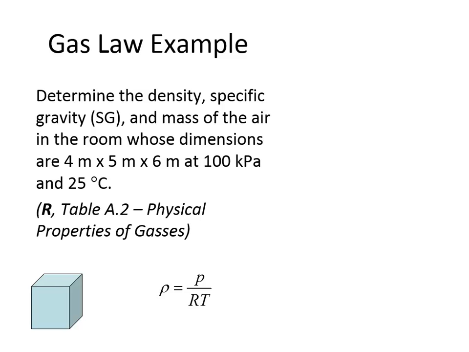All right, that's the first part. Next, it asks, what is the specific gravity of the air in the room? Does anybody remember what's the definition of specific gravity, or SG as we abbreviate it? It's a ratio, but what is it a ratio of?